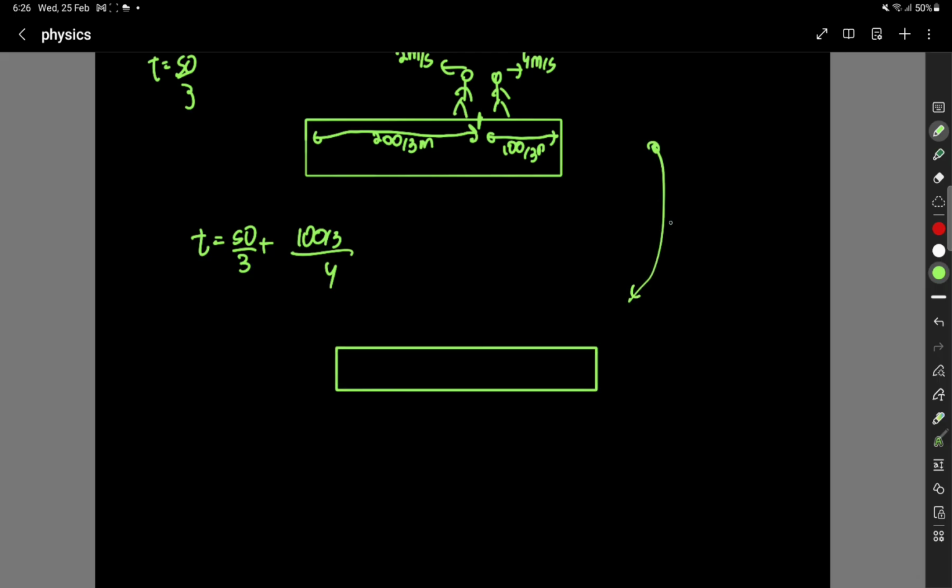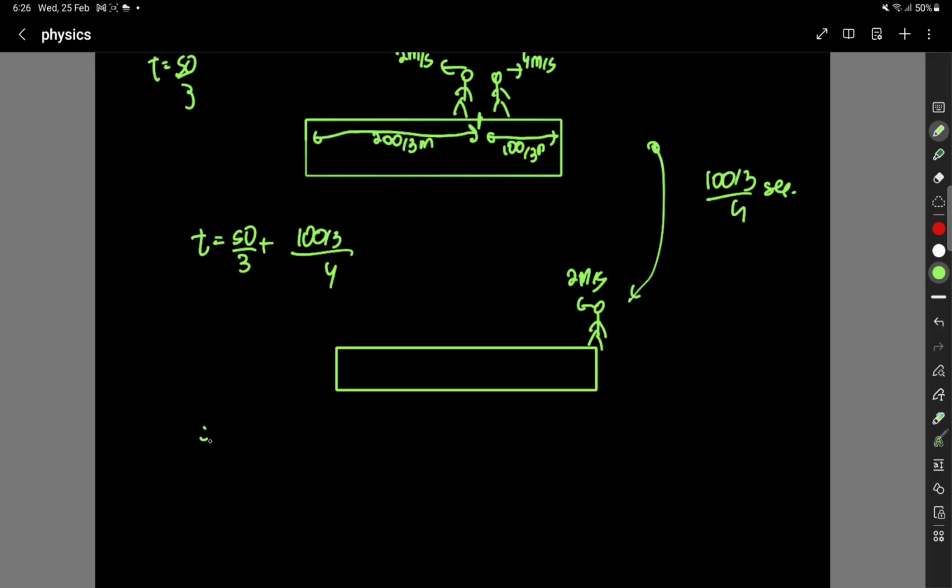The duration between these two gaps is 100 by 3 by 4 seconds. This guy would have reached this end point, and now he'll turn like this and go like this at 2 meters per second.